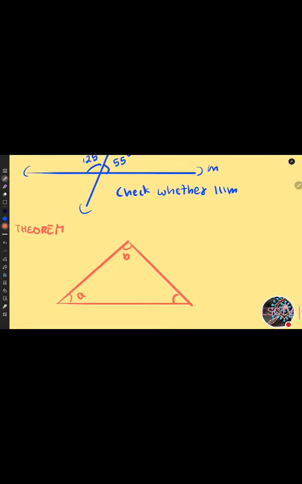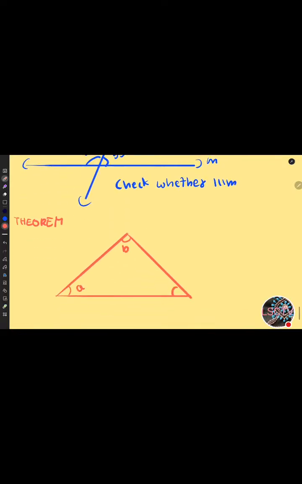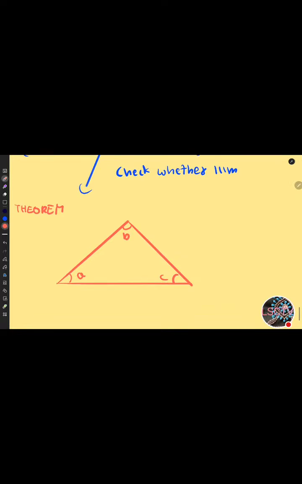A, B, C. Angle A plus angle B plus angle C equals 180 degrees. Proof: draw this line. This is angle B, this is angle C, this is angle A. Straight line, 180 degrees. Simple. Okay, that is your proof.